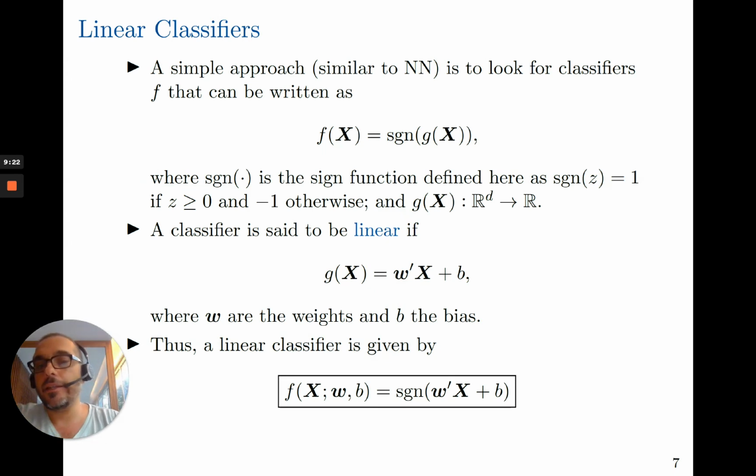Thus, the linear classifier will be given by the sign function of this linear argument. So we divide the classes with a hyperplane defined by w transpose x plus b.